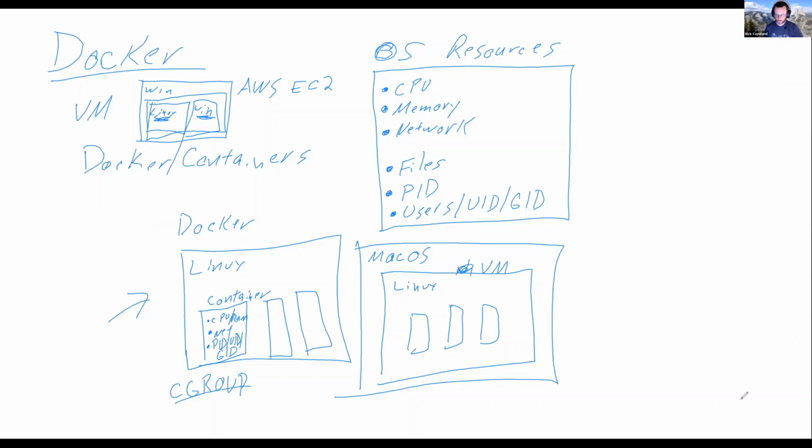Now, I think one of the things that helps to understand this a little better is to talk about what an operating system actually gives you. There are really two main parts we talk about with operating systems. There's what we call the kernel, and then there's a whole bunch of files.